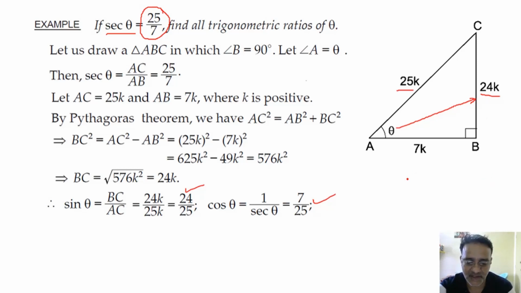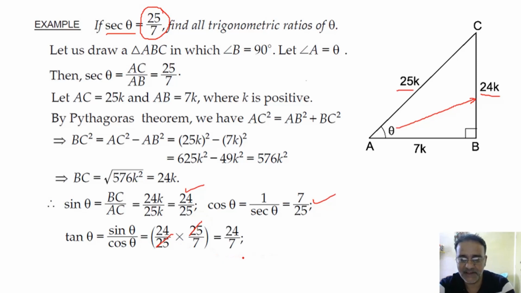Here I am using the sin theta by cos theta formula. Sin theta is 24 by 25 and cos theta is 7 by 25. So this 25 will be cancelled, and we'll get 24 by 7. Or we can take opposite by adjacent, that is 24k upon 7k, that is 24 by 7. Any formula you can use.